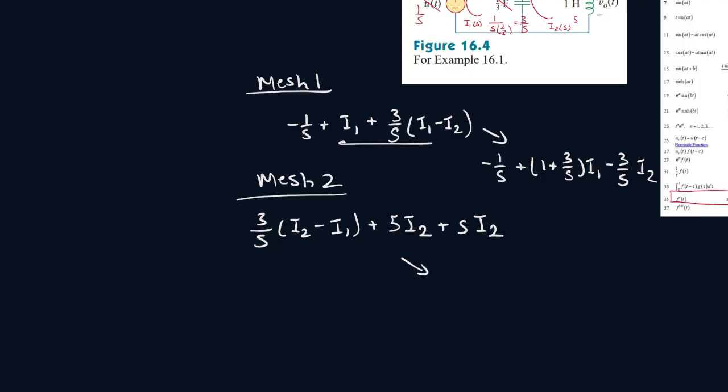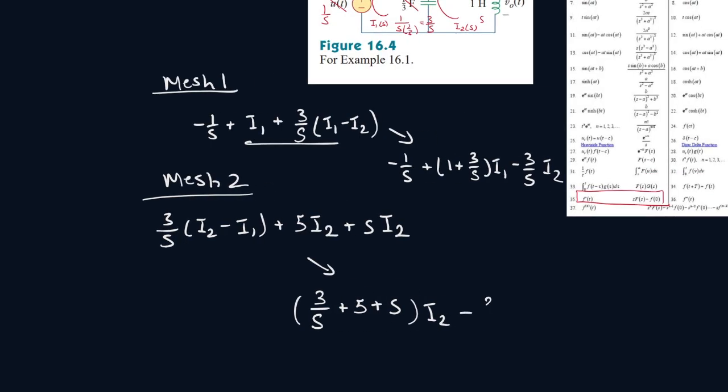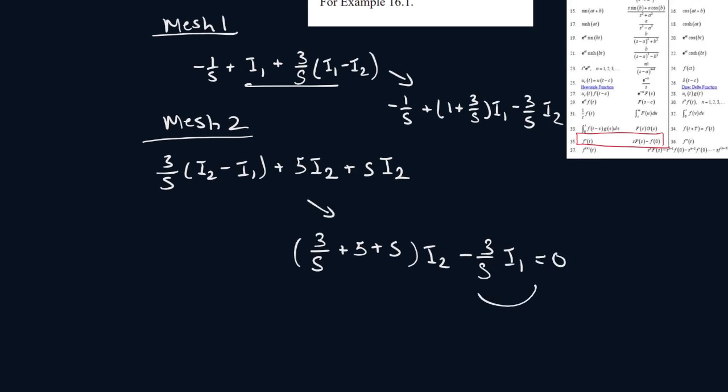Then for this one, I'm going to combine all our I2s, so it'll be 3 over s plus 5 plus s I2 minus 3 over s I1. And this is equal to 0, so I'm going to bring this to the other side. So it'll be 3 over s plus 5 plus s I2 is equal to 3 over s I1.